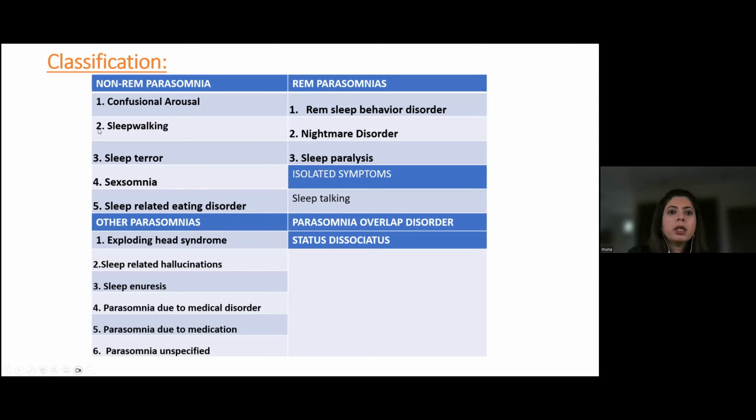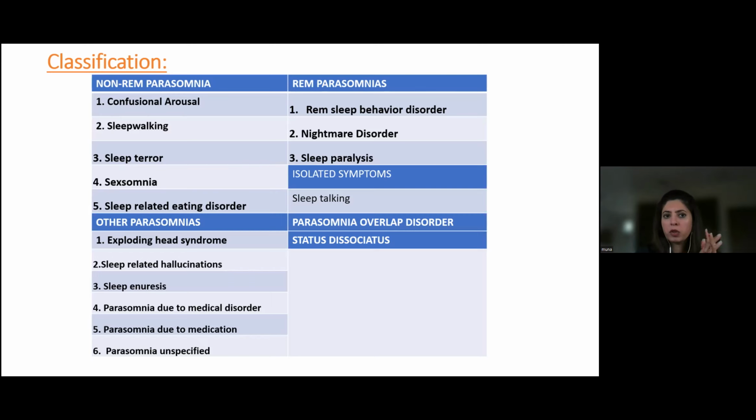Now, if you look at this table, non-REM parasomnias, and we are going to talk about that in detail, include the commonly encountered sleep-related behaviors of confusional arousal, sleepwalking, sleep terror, sleep-related eating. Sexsomnia is talked about much less, but these share clinical characteristics and pathophysiology, even though physical behaviors may be slightly different.